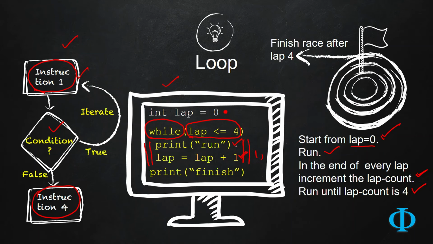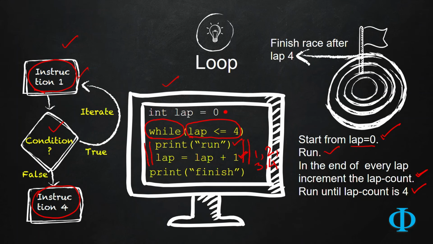Then after the second iteration, the value of lap will be 2. Then after the third iteration, the value of lap will be 3. Still, just see, 3 is less than or equal to 4. So it will go again inside this while loop, and then after this iteration, the value of lap will be 4.